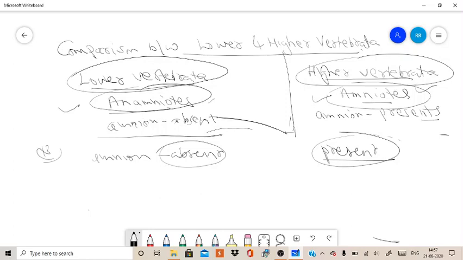And the most important feature is that all the higher vertebrates have 12 pairs of cranial nerves. Generally, amniotes have a four-chambered heart, except reptiles, and the respiratory organ in amniotes is lungs, which are more efficient in respiration than gills.